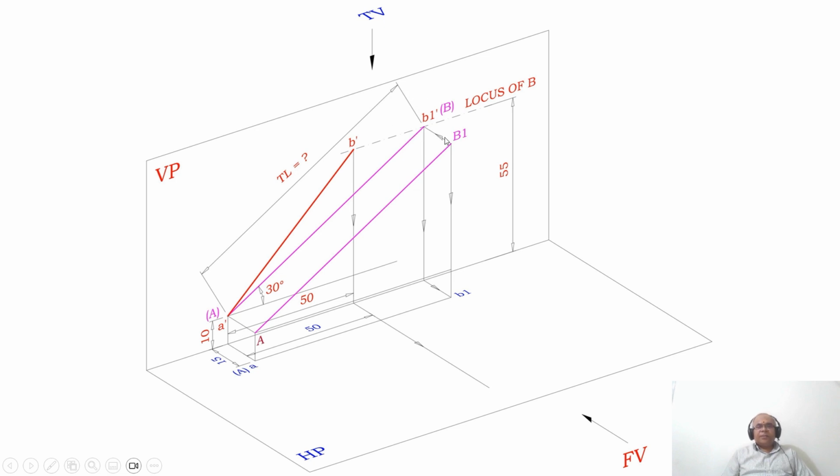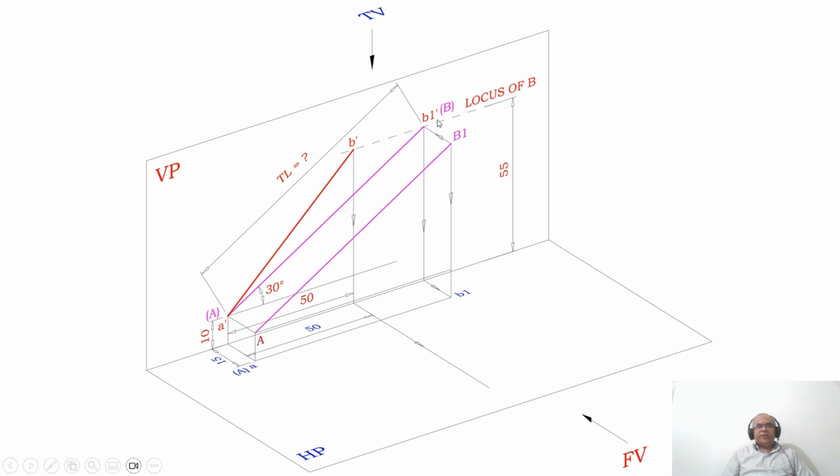Where you can see parallel to the vertical plane, I can see from the top view. So when you look from the top view, you can see the distance in front of VP here, which is 15 mm. Similarly, B1 should also be in front of VP by 15 mm. Then only the line is going to be parallel. You can see that the line is parallel.